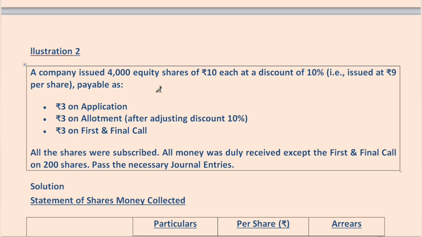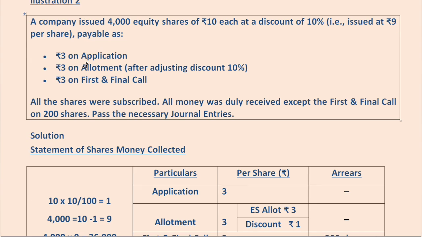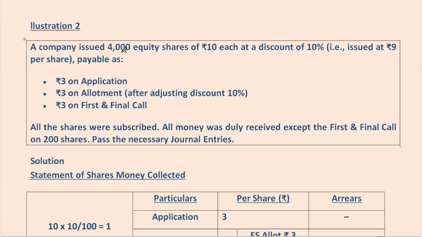Let us move on to one more illustration. See here, a company issued how much share? 4,000 equity shares of rupees 10 each at a discount of 10%. That means discount is not given in value, it is given in percentage. Okay, 10%, that means issued at 9 per share.